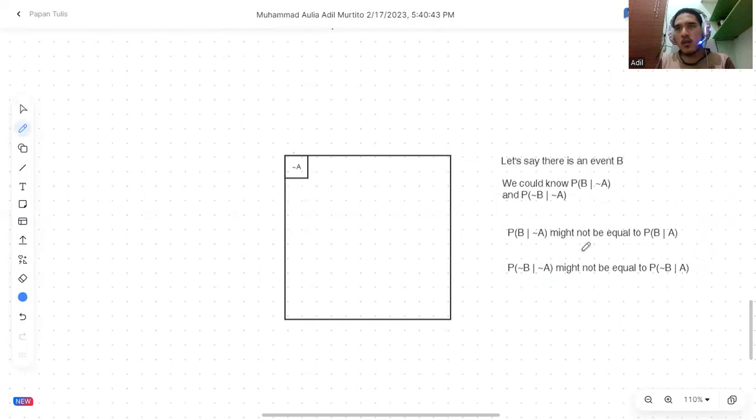Here it means might not be equal, represented like this.